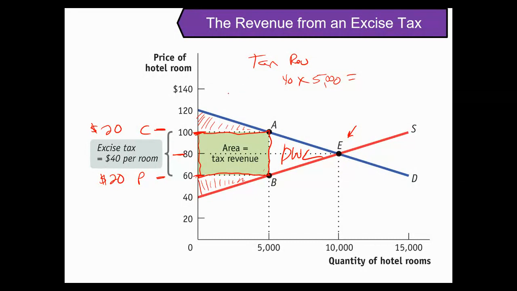The consumer surplus is equal to 1/2 times 120 minus 100, which is 20, times 5,000, and the producer surplus would be the same. It would be 1/2 times 60 minus 40, which is 20, times 5,000.